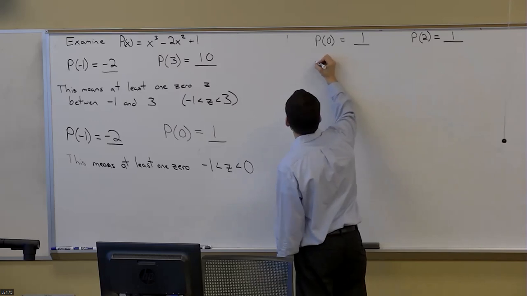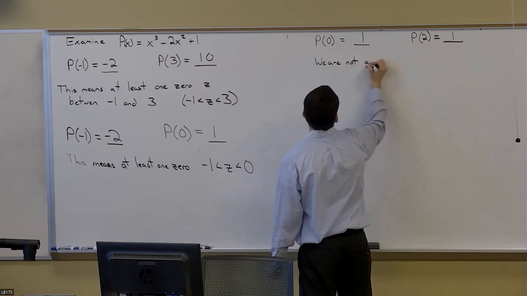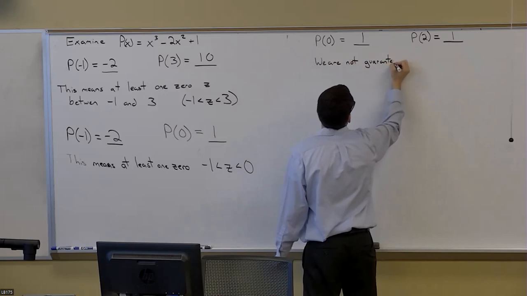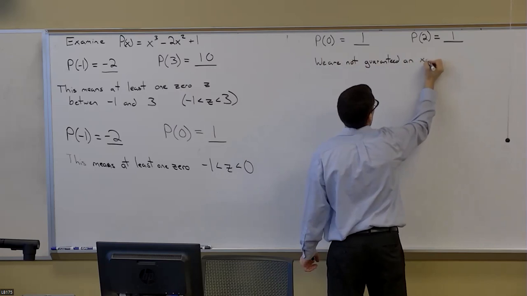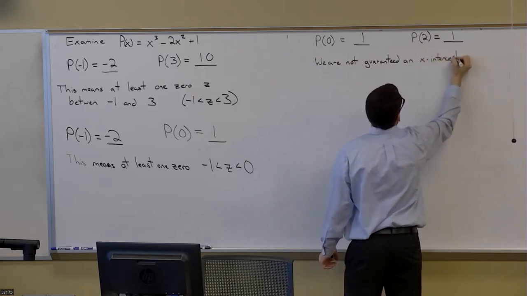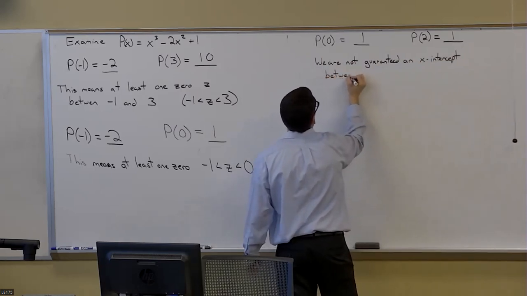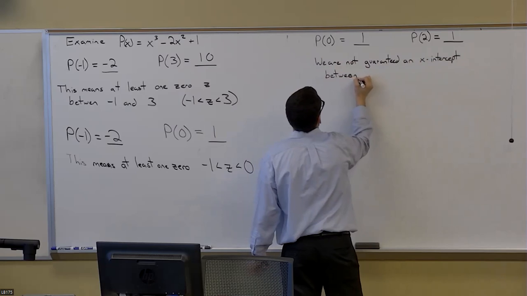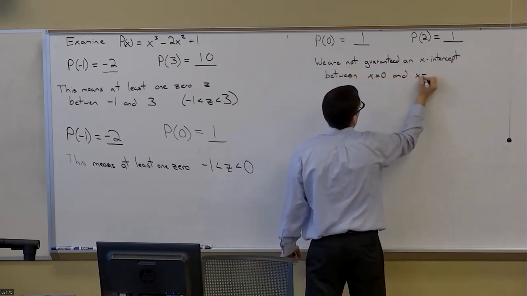So the way we phrase this is we are not guaranteed an x-intercept between an x value of 0 and an x value of 2.